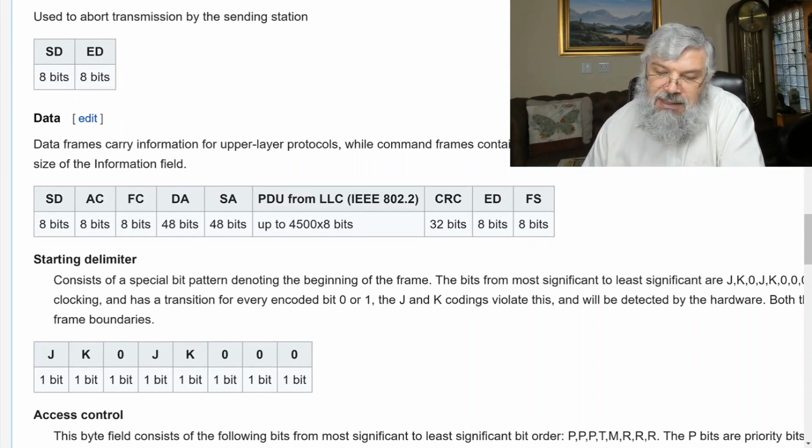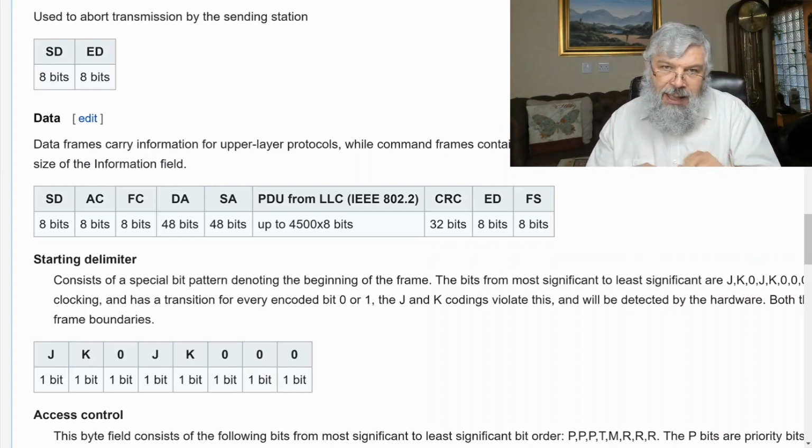And you can see that starts with a start delimiter, access control, and then various other fields, and eventually you also have the actual data, a CRC, and some markers at the end of the data again to delineate it. So clearly what is used here is a mark at the beginning and a mark at the end.